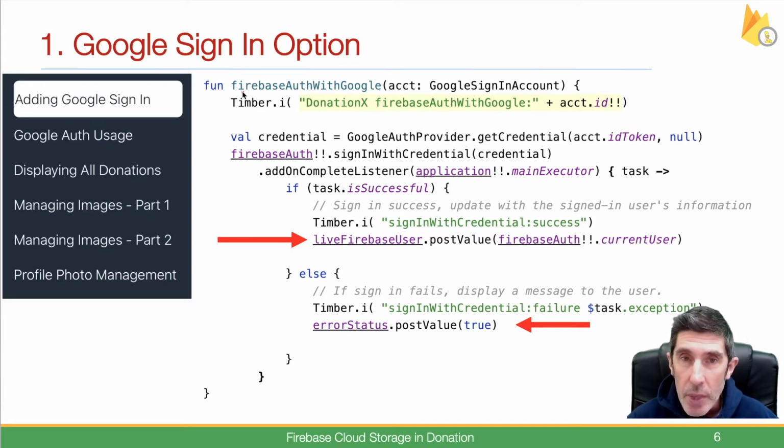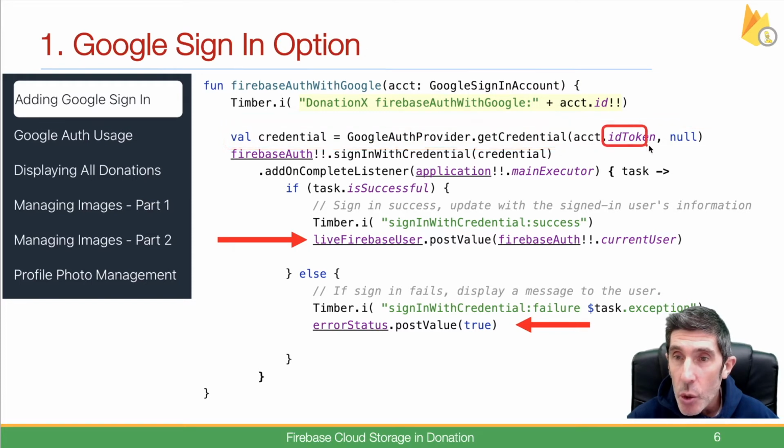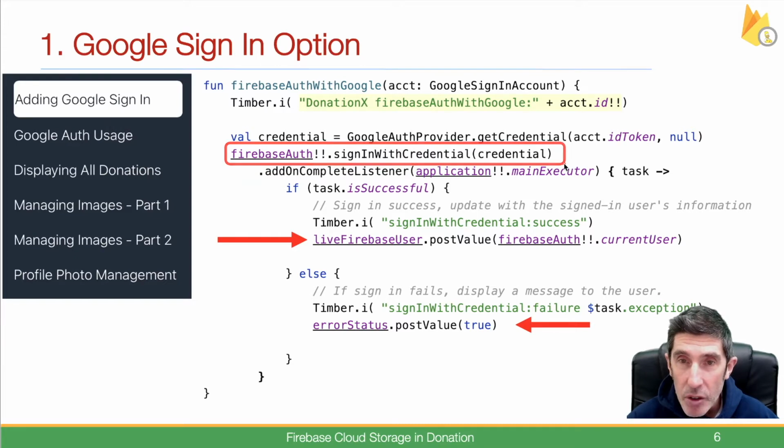So in here we have our Google sign-in account. Here we are getting the credentials based on the token from the Google sign-in account, and using our Firebase auth sign-in with credentials, passing in that credentials object.